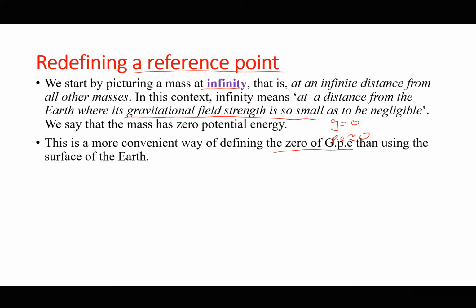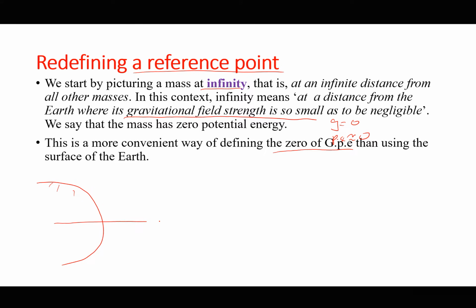Now, let us picture moving a mass from infinity. We now know that at infinity, gravitational potential energy is zero. So we have the Earth somewhere here. Let this be the Earth.